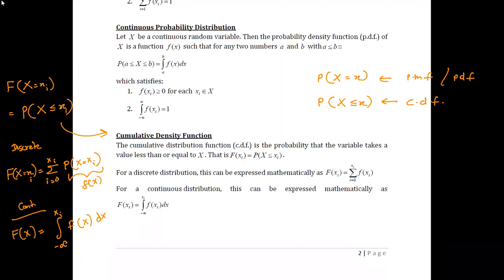The difference is that for the discrete case you get the summation, and if it is continuous, you use the integration. This is how we form the cumulative density function for discrete and continuous probability distributions.